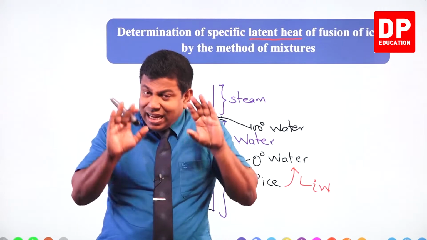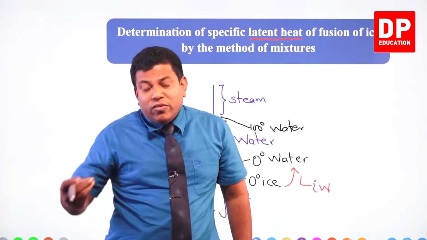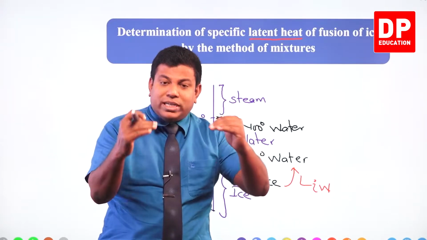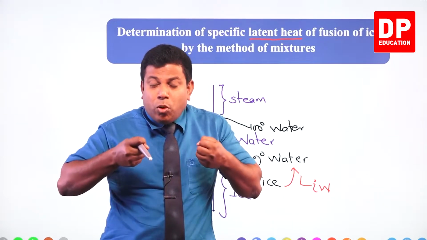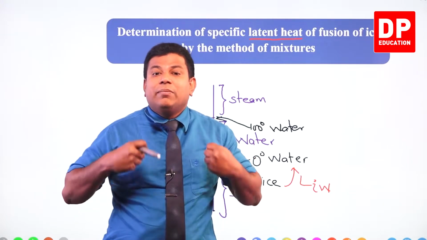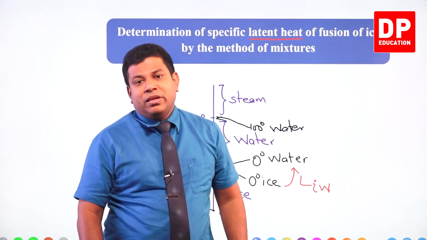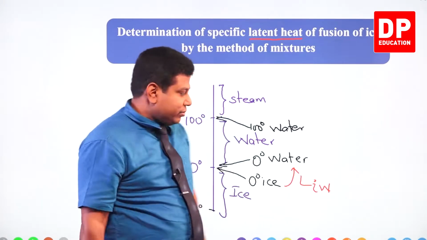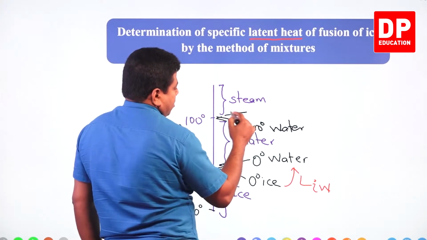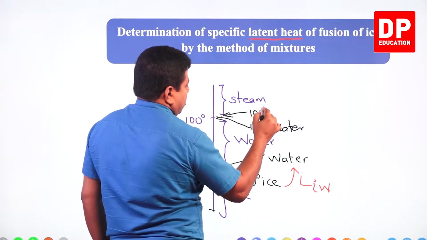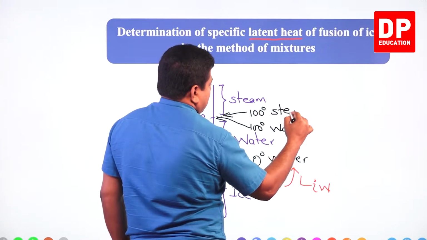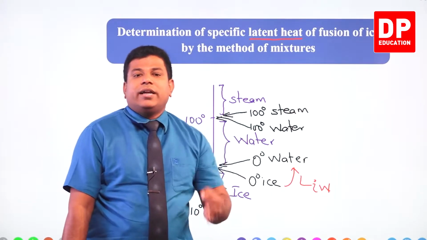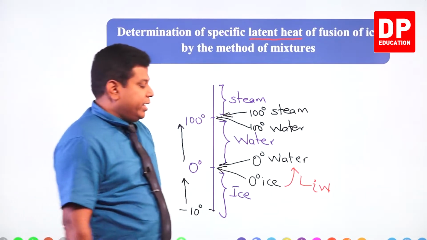Still water, in the liquid state. You give more heat. So 100 degree water at 100 degree absorbs more heat. Then what happens? It becomes steam. Initially it will be steam at 100 degree itself. Water at 100 degree becoming steam at 100 degree.